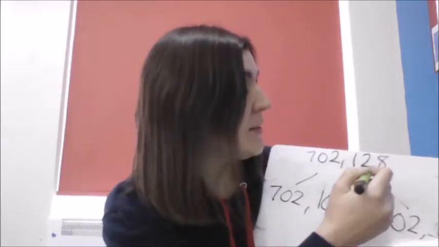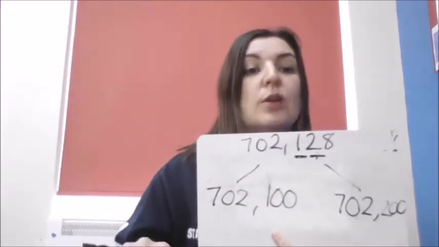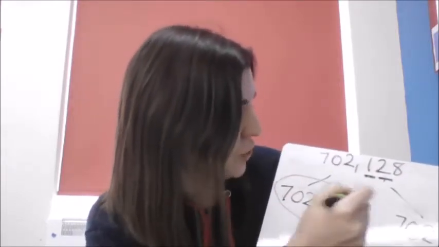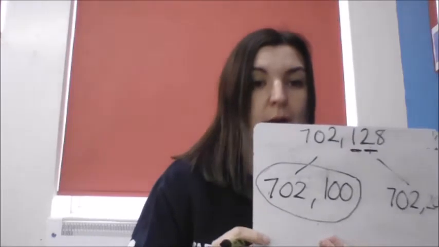Okay, right, so now I go to the next column, the tens column, it's a 2. So rules for rounding, 0, 1, 2, 3, 4, we go down. So it's a 2 in the tens column, so I'm going down to 702,100.